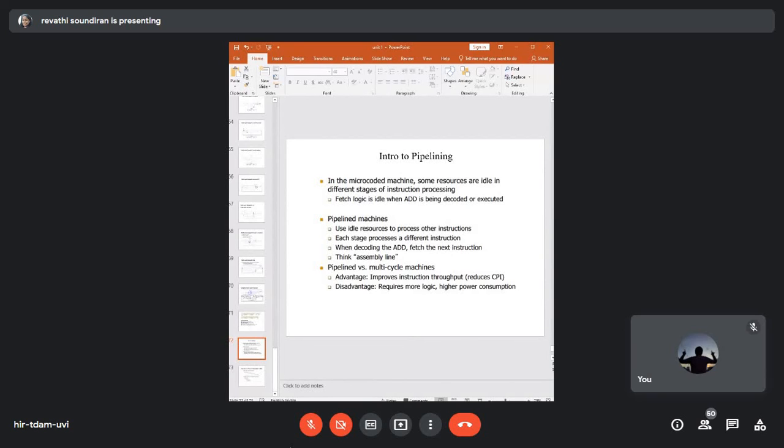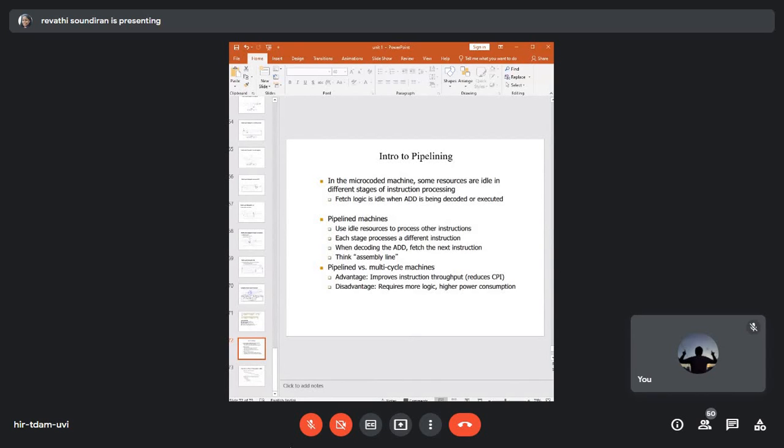Before that, we'll understand what the pipelining concept in microarchitecture is. We have already got a glimpse of it. Let's understand this in a different way now. In the microcoded machine, some resources are idle in different stages of the instruction process.